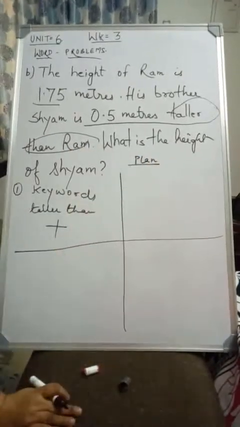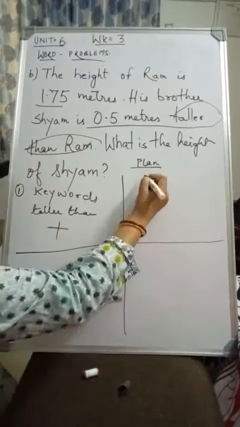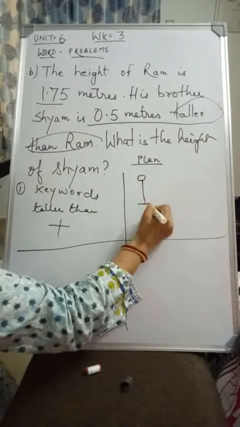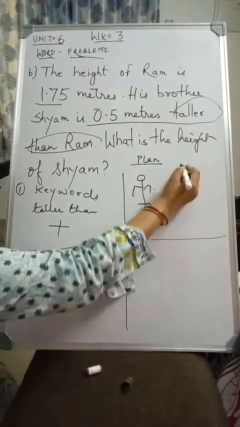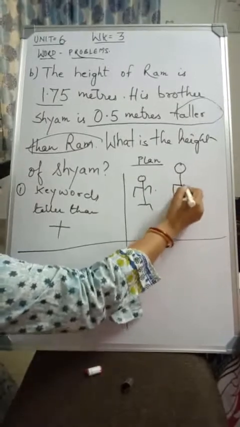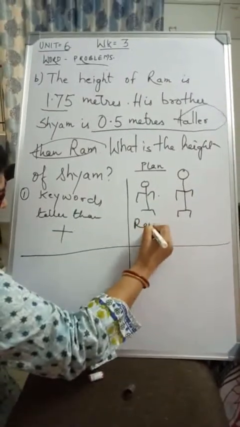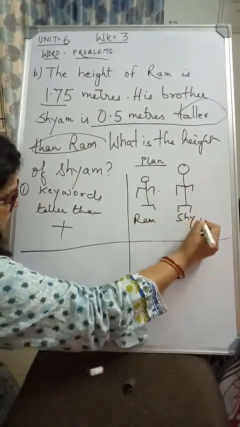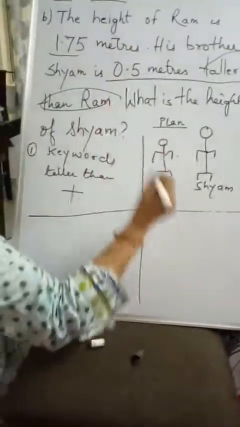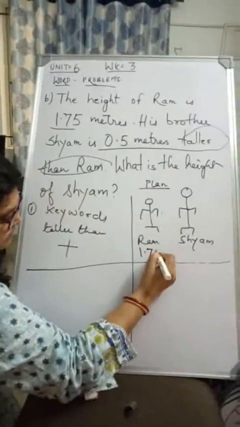Right, now next is picture planning. What will we do? So here this is Ram, and his brother Shyam. So here it is Ram and Shyam. What is the height of Ram? 1.75 meter.